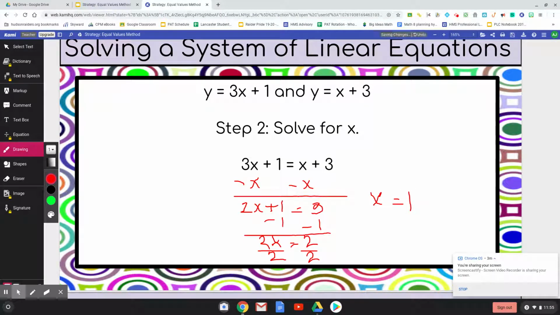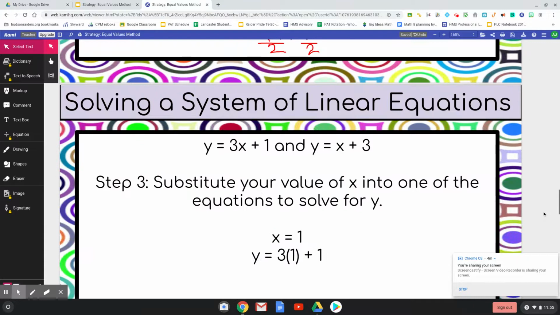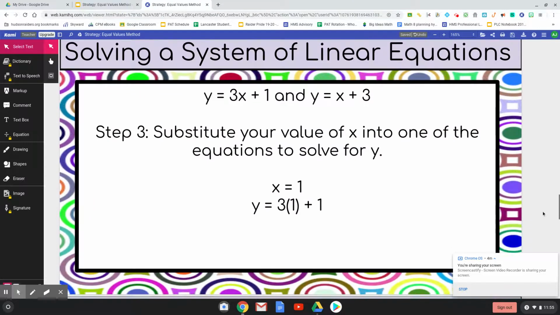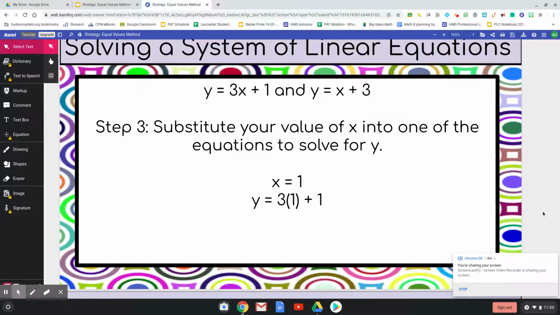I'm not finished here. I only have my x value. Remember, when we solve these on a coordinate plane, we need an x value and a y value. The same here. Our next step is to substitute the value we got for x into one of the equations to solve for y.